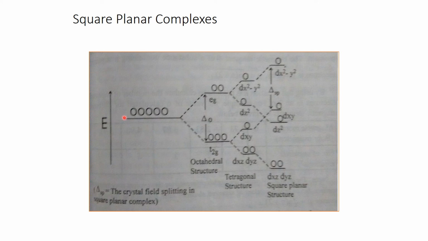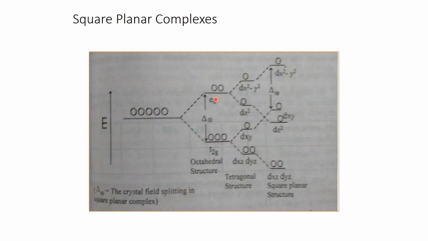Square planar complexes. Consider the case of 5 d orbitals. According to CF theory, the 5 d orbitals in an octahedral field split into two, that is Eg orbitals and T2g orbitals that represent the octahedral structure. When Jahn-Teller distortion proceeds, tetragonal distortion is taking place in the complex compound.